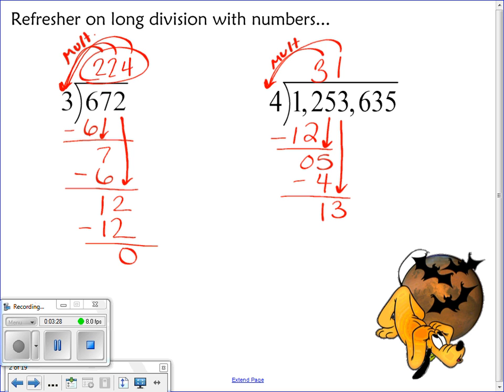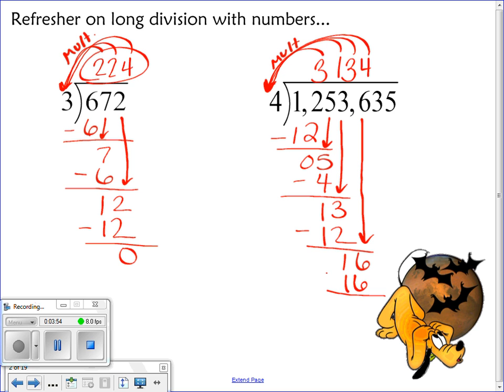We start again. How many times does 4 go into 13? 3. 4 times 3 is 12. Then we subtract. We get 1. Bring down the next number. 6. So now it starts over. How many times does 4 go into 16? 4. Multiply. 4 times 4.